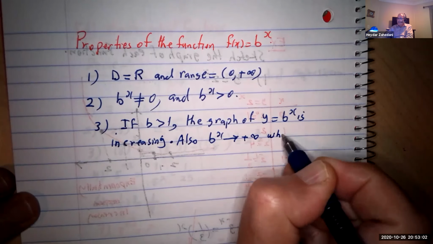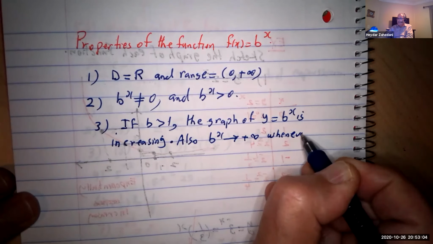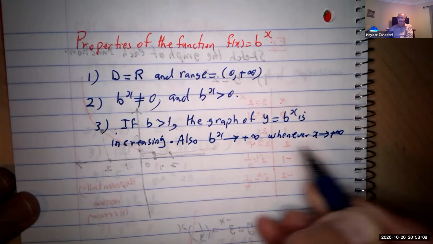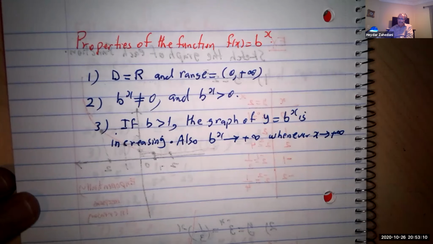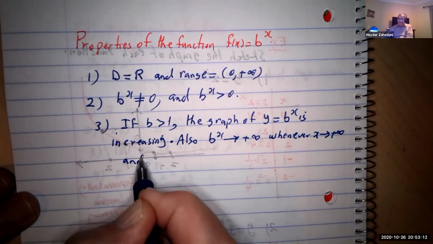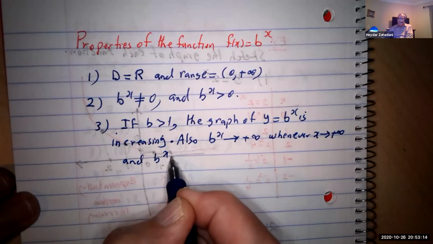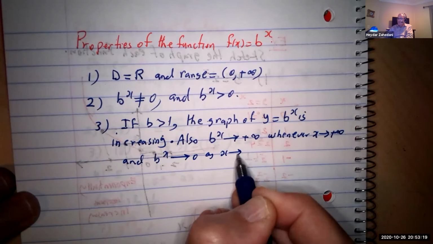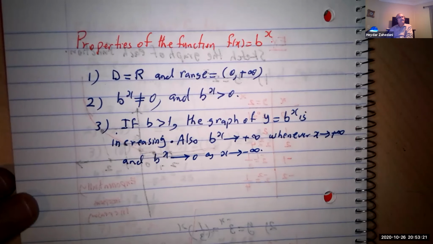whenever x goes to positive infinity, and it goes to 0. And b to the x goes to 0 as x goes to negative infinity.